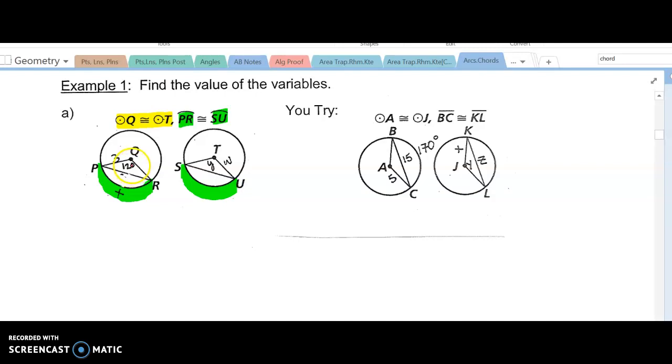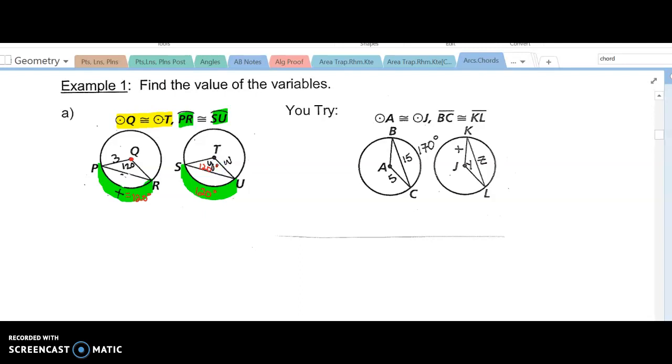Okay, so let's see. I know that if my central angle is 120, then X would be 120. Remember, it's only half when the vertex is on the rim of the circle. They're the same amount when it's on the center. So then that means this over here would be 120 because the arcs are congruent, and if the arcs are congruent, their central angles will be congruent.